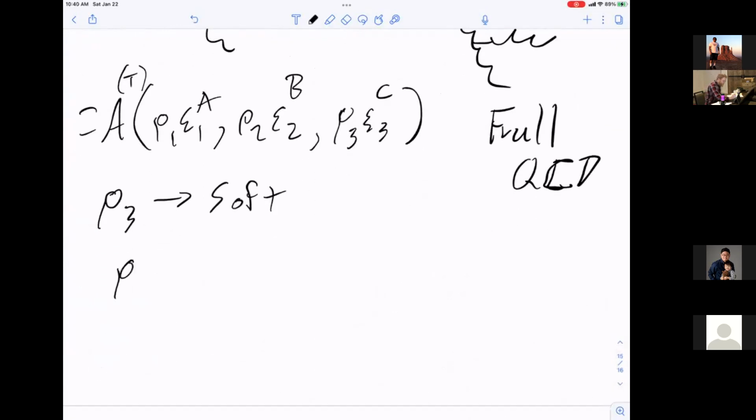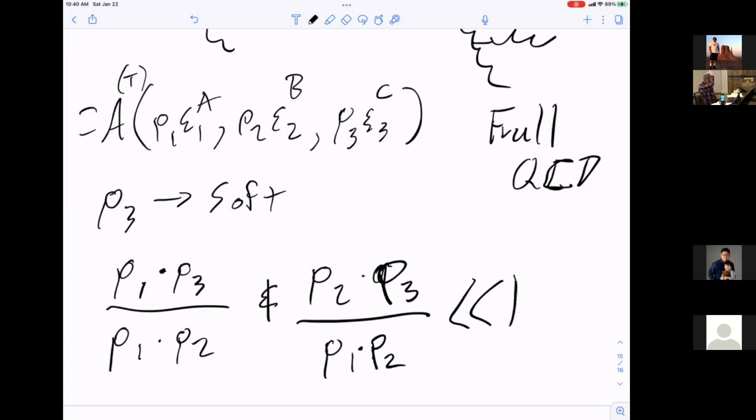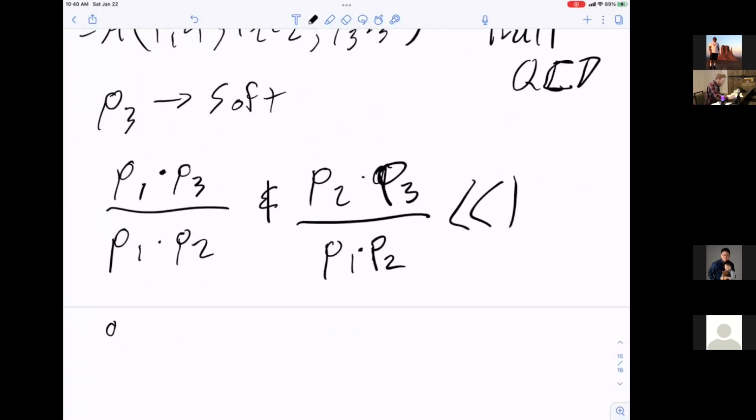In an invariant language, what does P3 soft mean? Well, it means both of these quantities are going to be much, much less than 1. Both of them. And as that happens, my P1 is going to approach Q1, and my P2 is going to approach Q2.